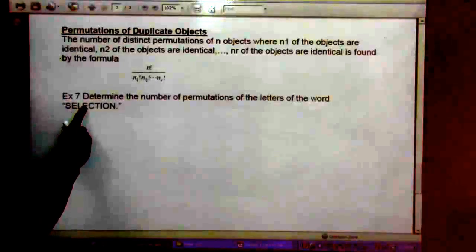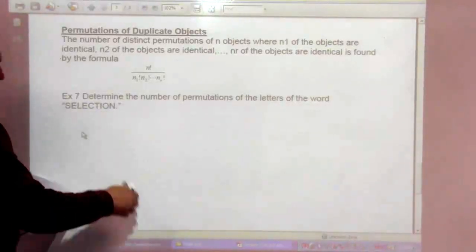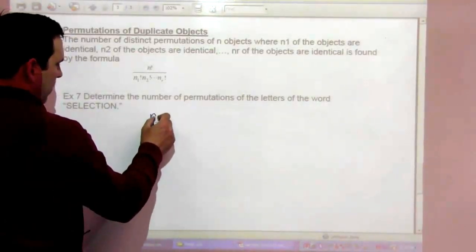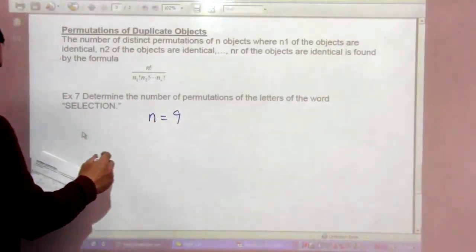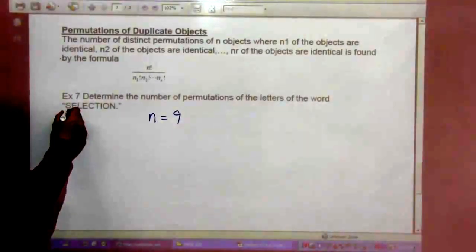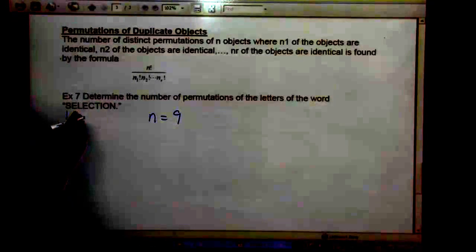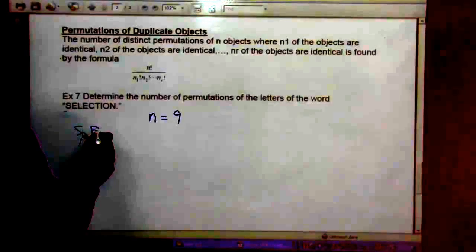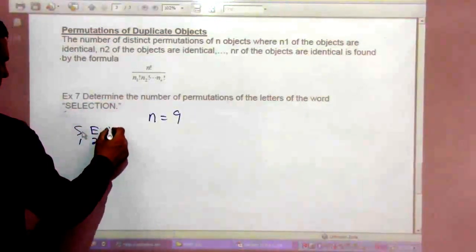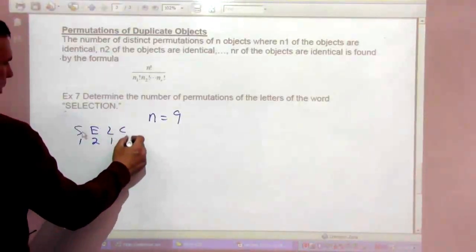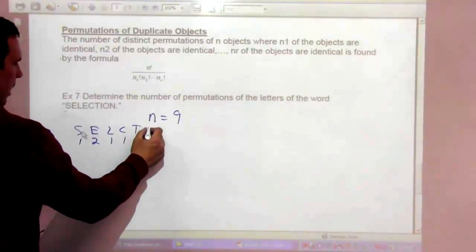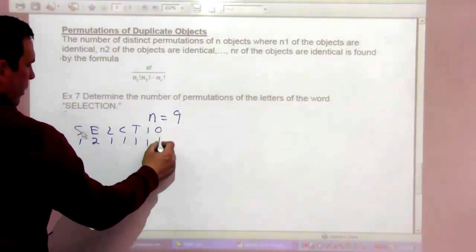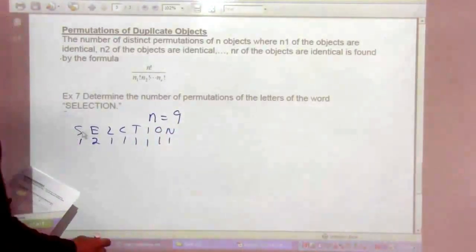We have 1, 2, 3, 4, 5, 6, 7, 8, 9 letters. So in the word selection there's one S. S there's 1. E there's 2. L there's 1. C there's 1. T there's 1. I there's 1. O there's 1. And N there's 1.